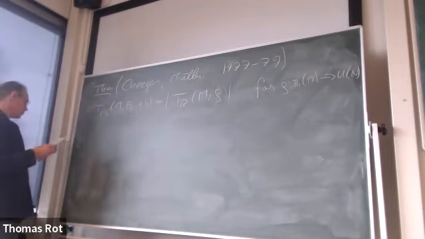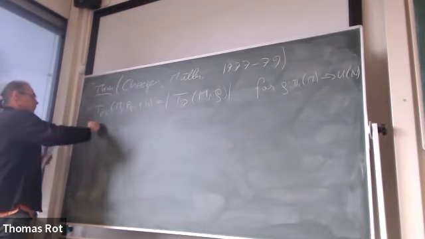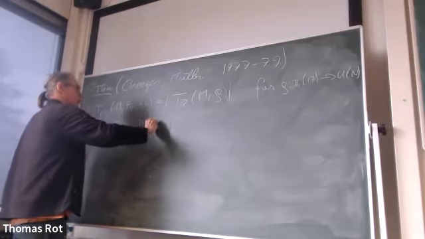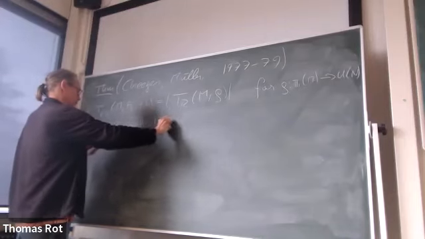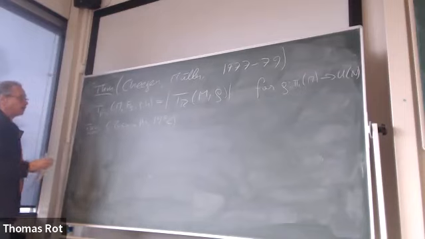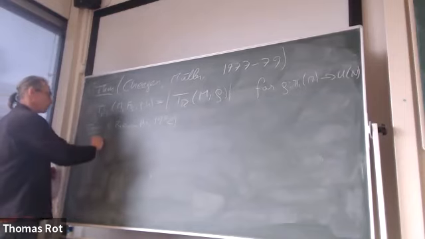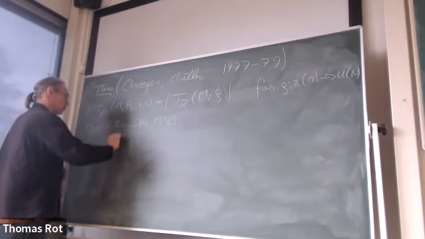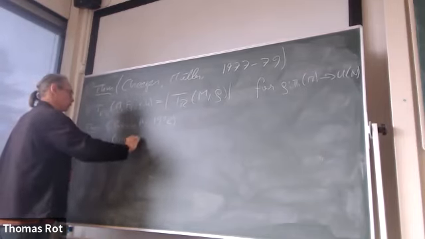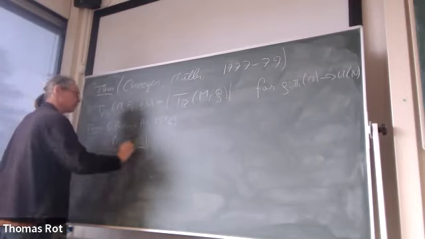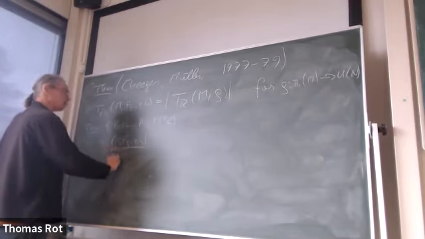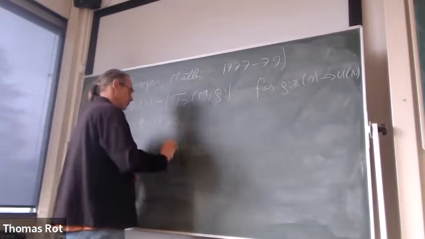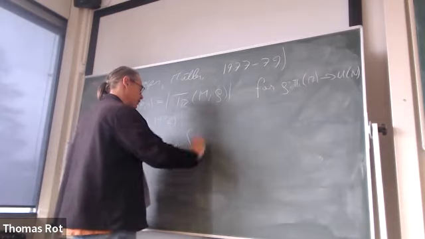There is a more general result, more recent, by Bismut and Zhang. And it tells you that the Ray-Singer torsion divided by the absolute value of the Reidemeister torsion is an exponential of an integral over the manifold of some local factor.